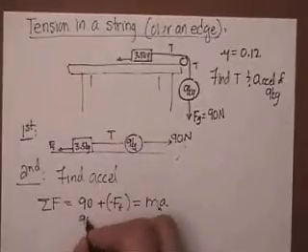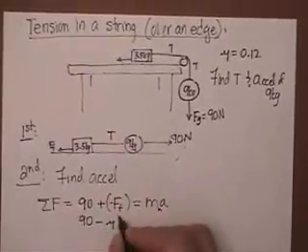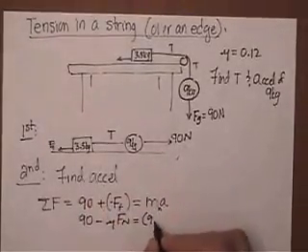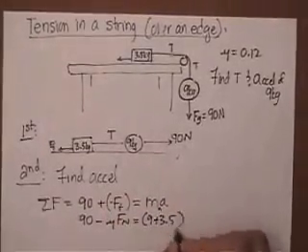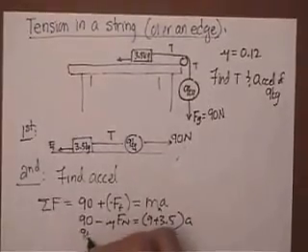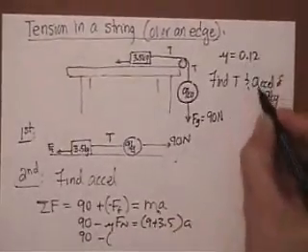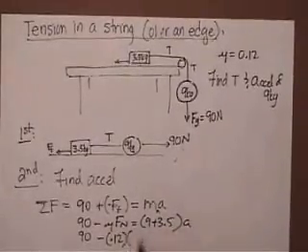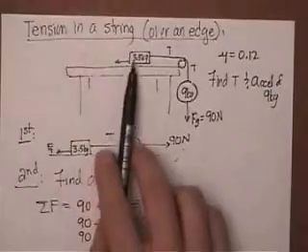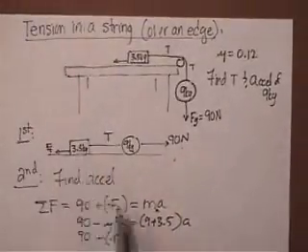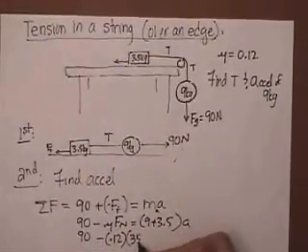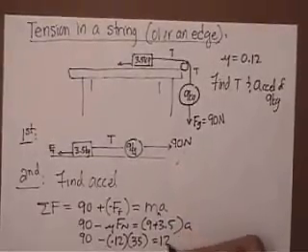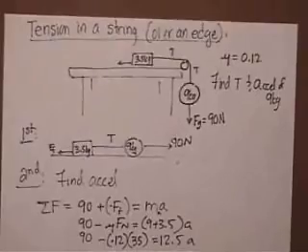So that's going to end up being 90 subtracted by my mu Fn, and that's going to be equal to 9 plus 3.5, A. 90 subtract 0.12 times the normal force. It's the normal force of the one that's on the surface, which is this one, so that's 3.5 times 10, so that's 35. And that's going to be equal to 12.5 times the acceleration.